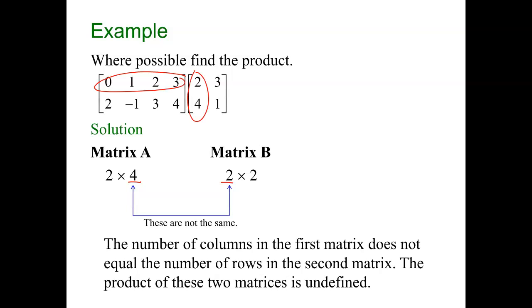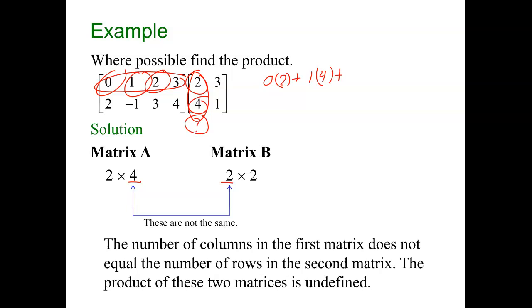So what's the first two things I'm going to multiply? 0 and 2. 0 times 2 plus, what's the second two things? Third thing. 2 times. So first element, second element, third element.